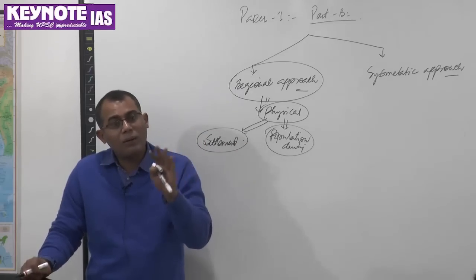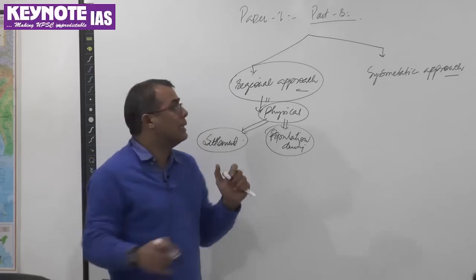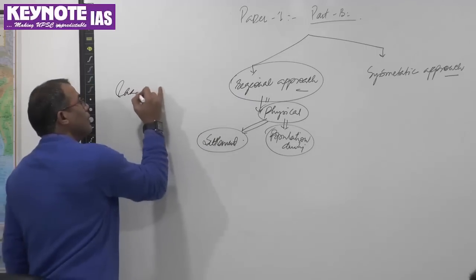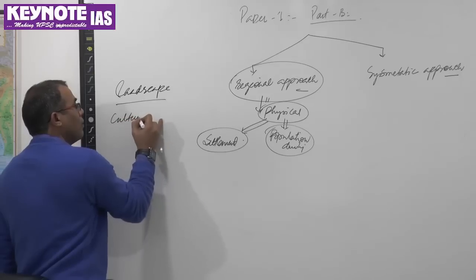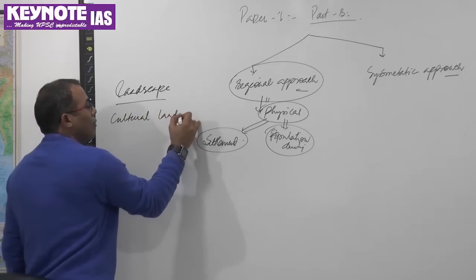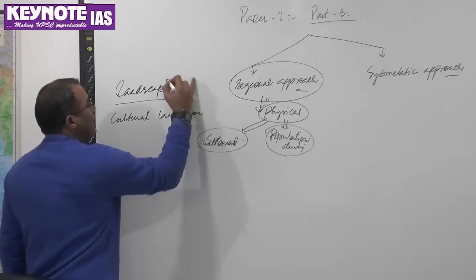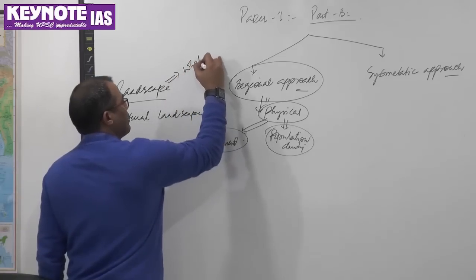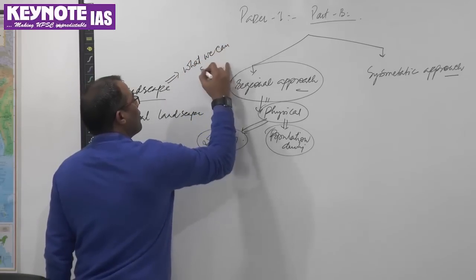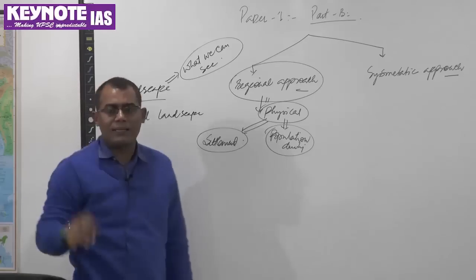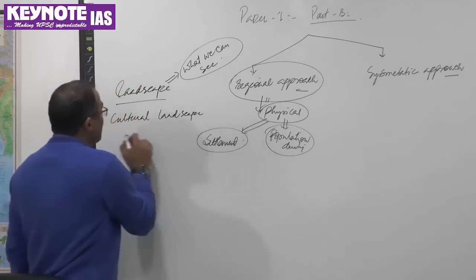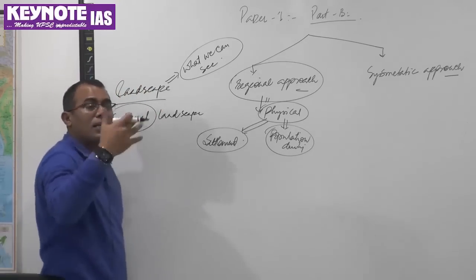But the moment we learn about, for example, the general landscape and cultural landscape. Landscape, the term is what we can see on the surface. Whatever we can see is landscape. Whatever we can see together with humans becomes cultural landscape.